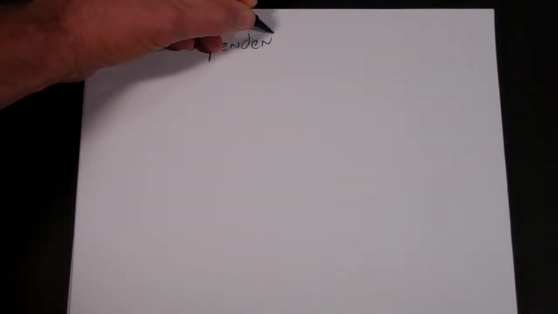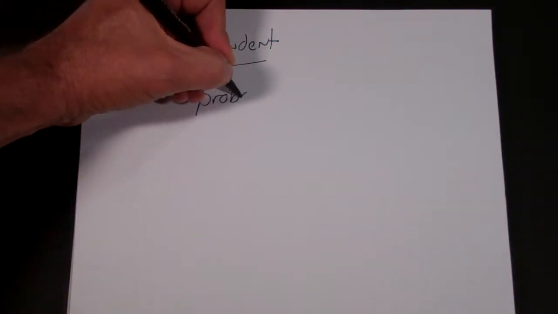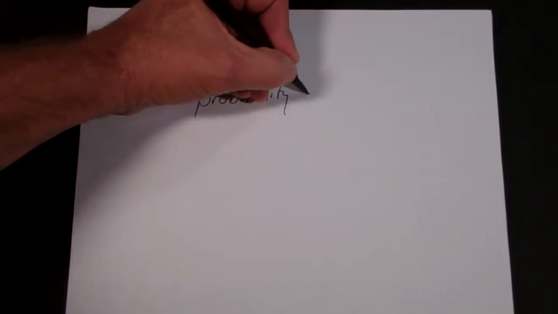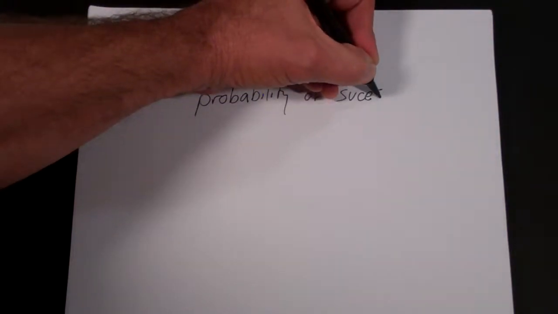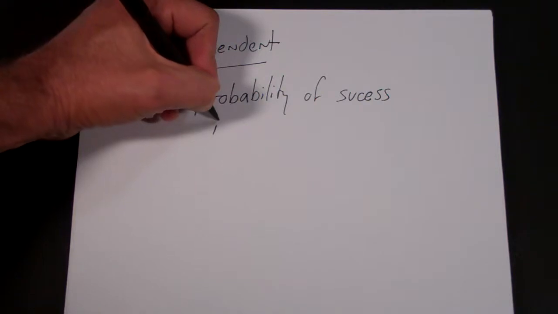The second requirement is that each trial is independent. That is, the probability of success is unaffected by previous attempts.